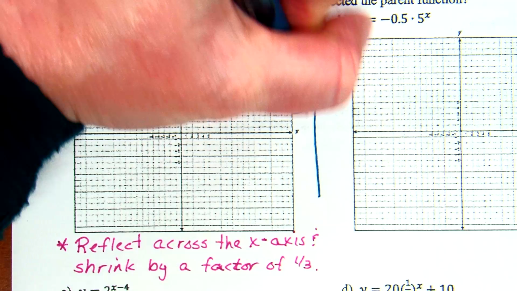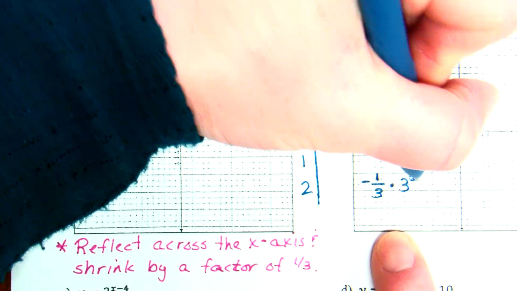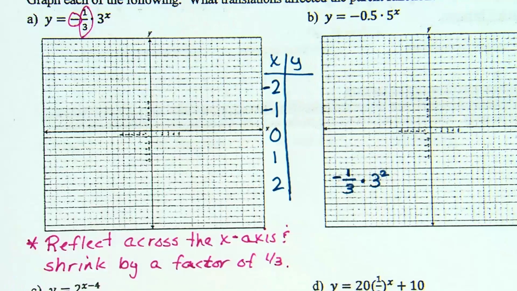Should we start with the positive 1 first? Or do you guys care? Should we just start with the negative 1? Start with the positive, work our way to the harder stuff? Okay. I'll be honest. I'm not going to do graph B. How do you feel about me doing some work over here? So it's -1/3 times 3 to the 2nd. You see what I'm writing over there? Just my workspace. So if it's -1/3 times 3 to the 2nd, what is 3 to the 2nd? 9.